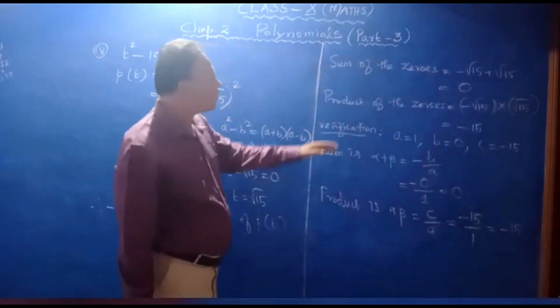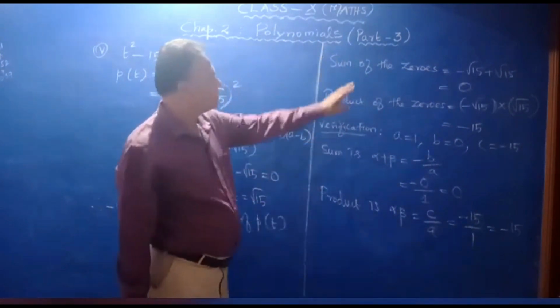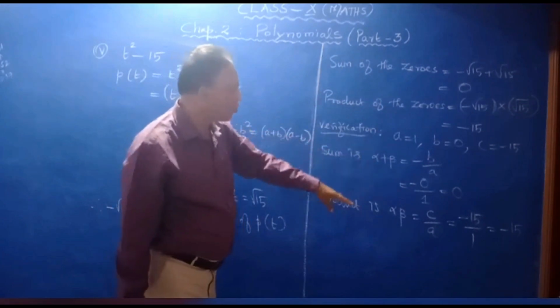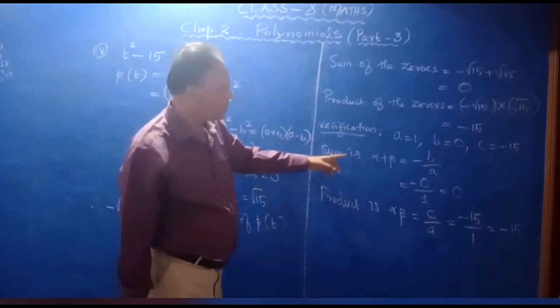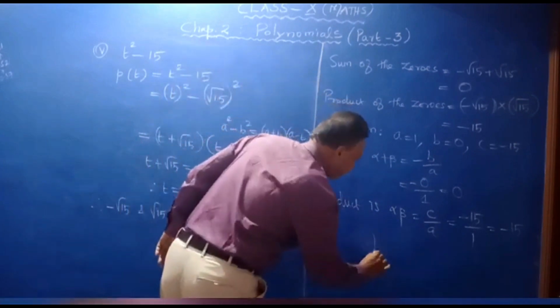Clear? You see, using the zeros you got the sum and the product, and using the coefficients you got them too. The sum and the product are both the same. So hence verified.